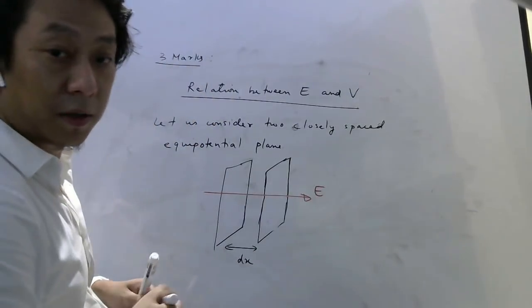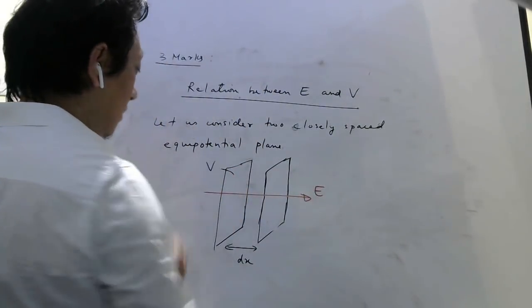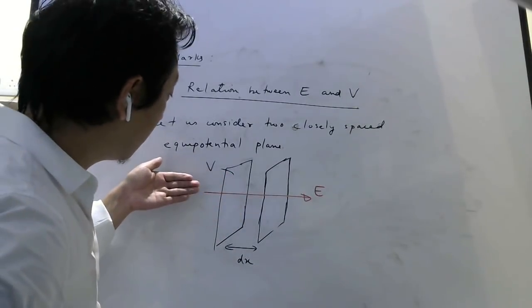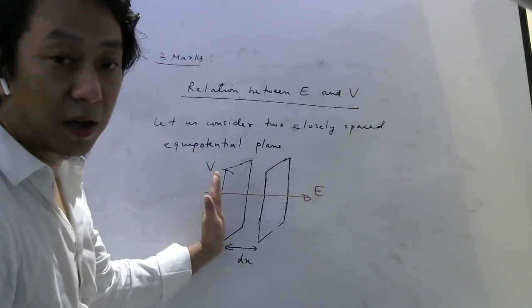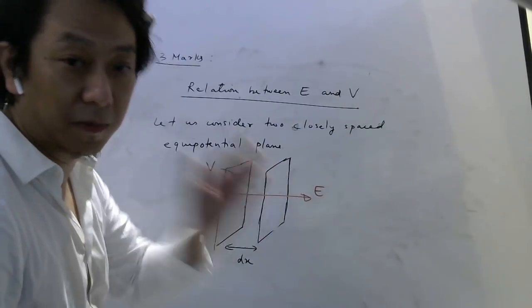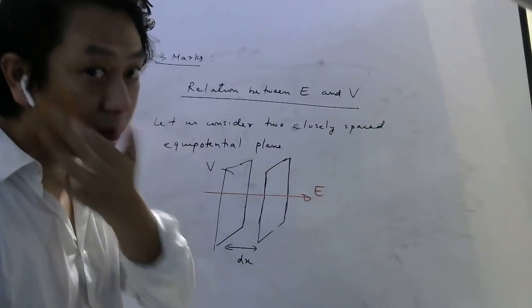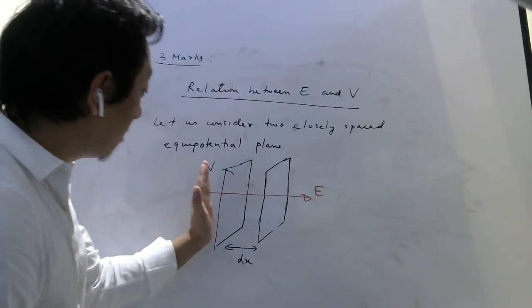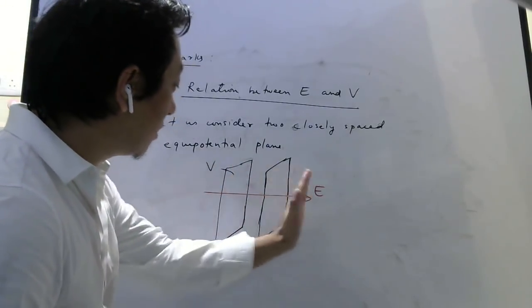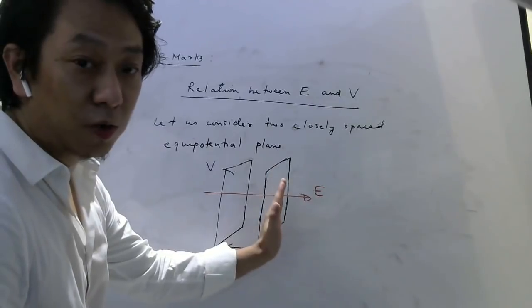Okay. Now, let us say this has potential V. I have shown the electric field line this way. That means this should be higher potential, this should be lower potential. Right? I have told you electric field is from higher potential to lower potential.